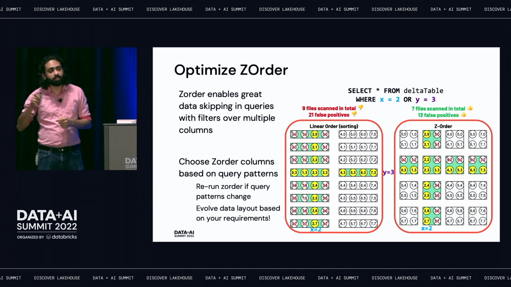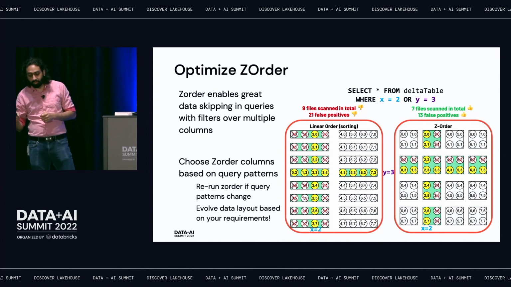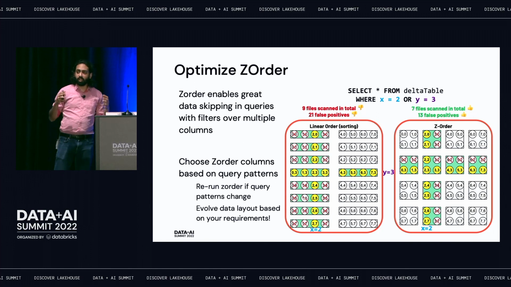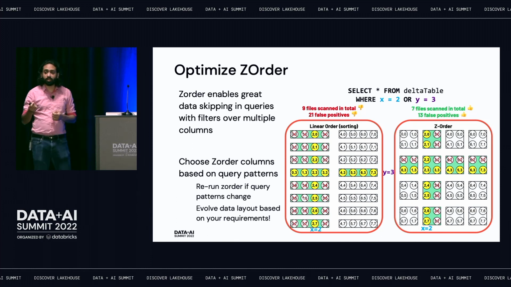The awesome thing about z-order, if you compare this with old school partitioning, is that when you partition a table, you cannot change the partitioning of a table without actually rearranging the entire table. However, with z-order, you're not restricted by that.